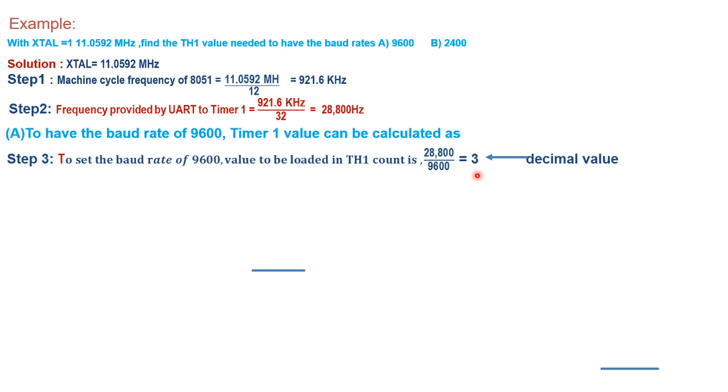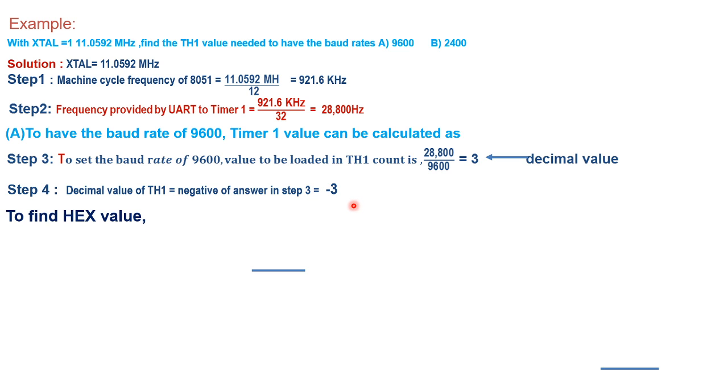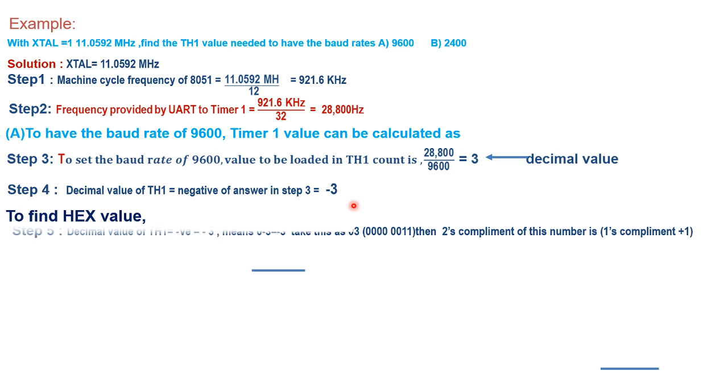So this is a decimal value. This decimal value is converted into a negative, that is minus 3, and this minus 3 is the decimal value. To convert this value into hexadecimal, in the fifth step we take the decimal value of TH as minus 3.